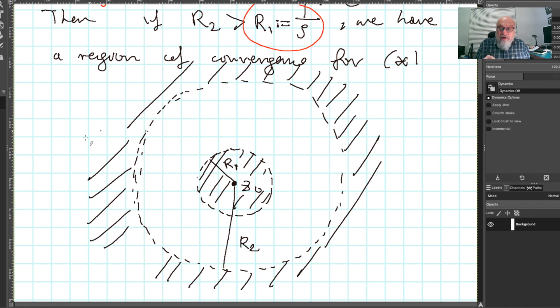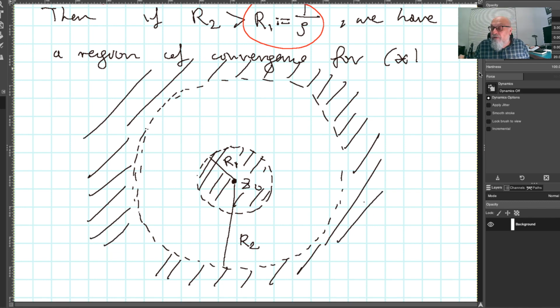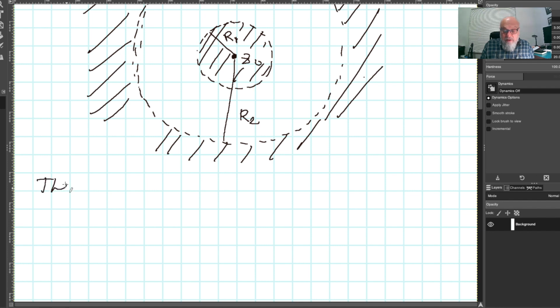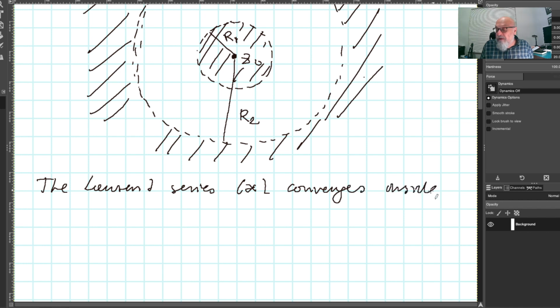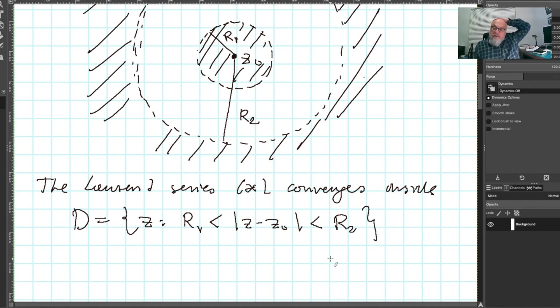So the domain of convergence of such a Laurent series star is inside this region D, which is the set of all z such that R1 is smaller than |z minus z0|, and this is smaller than R2.